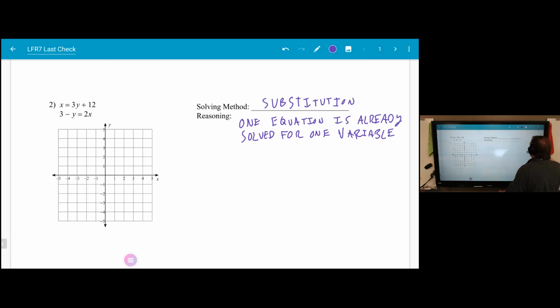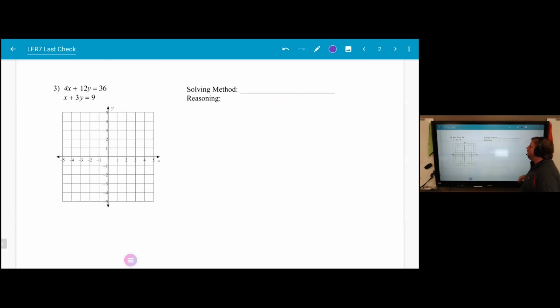Let's look at number 3 and number 4 real quick. Number 3, substitution or elimination. I see both. You could do graphing too, because this one would be a nice one to do some finding the intercepts with and plot those and graph the lines. But for this one, I see elimination.